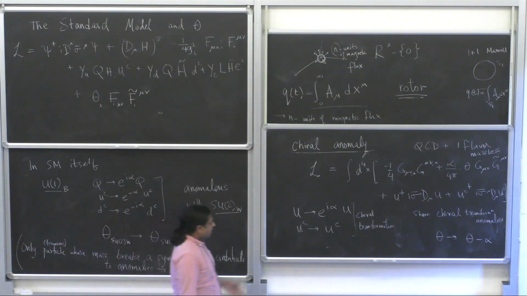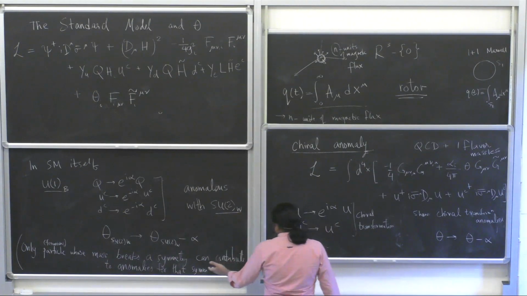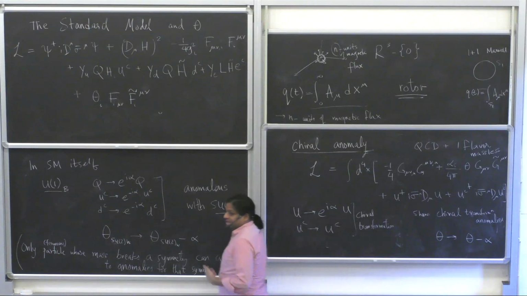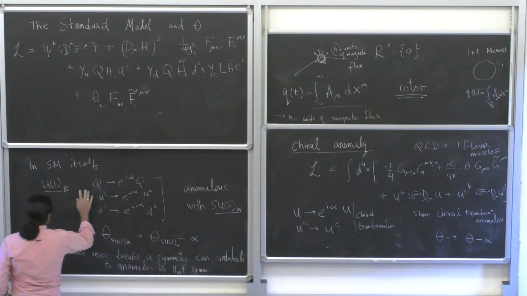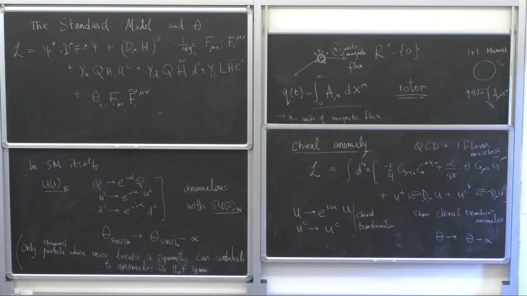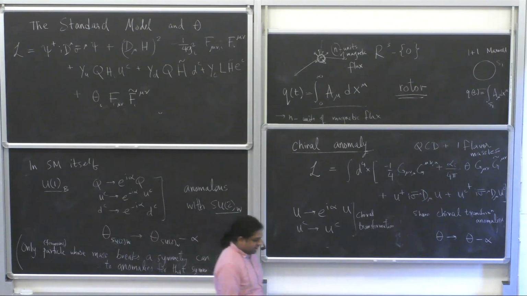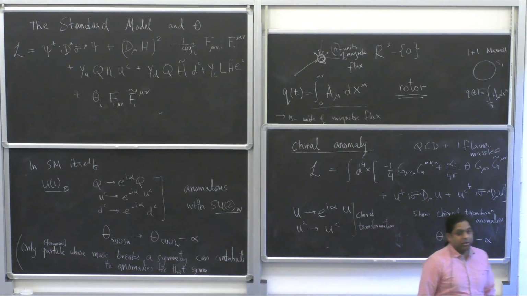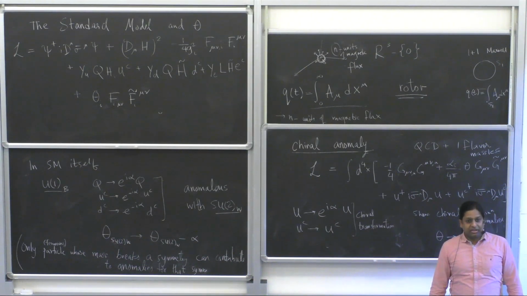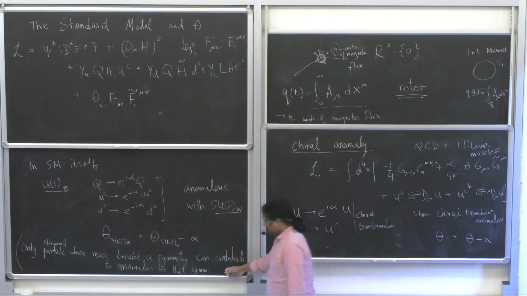Another option would be a symmetry which is anomalous, but is spontaneously broken, much like the case of SU2 weak. So the axion example would again be an anomalous symmetry, and the fermions that contribute to that symmetry indeed get a mass only through spontaneous breaking of that symmetry. And that is how they can contribute to anomalies for the symmetry.